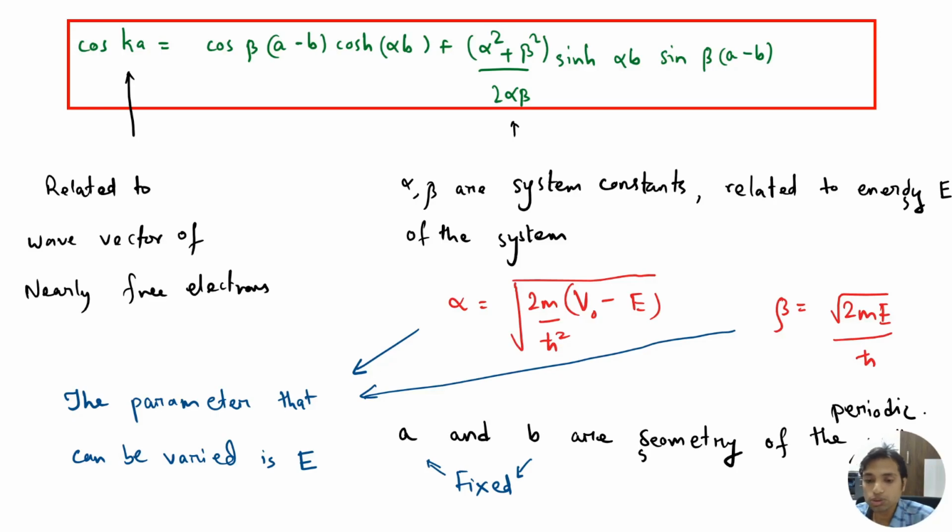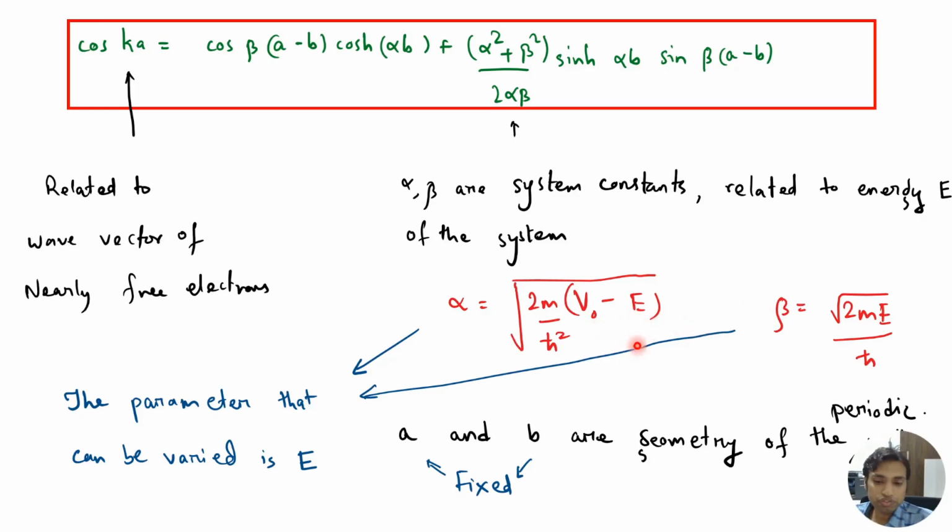We cannot do much about A and B, they are fixed. But alpha and beta are related to the energy of the system. So you cannot vary alpha and beta independently; rather what you can vary is the energy E, of which alpha and beta are functions.